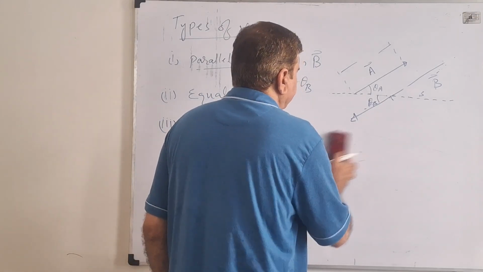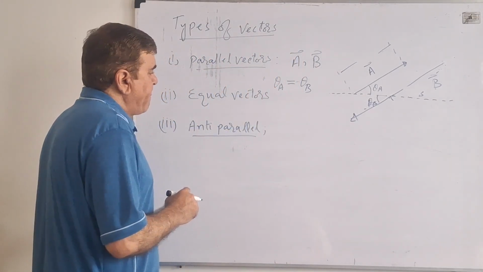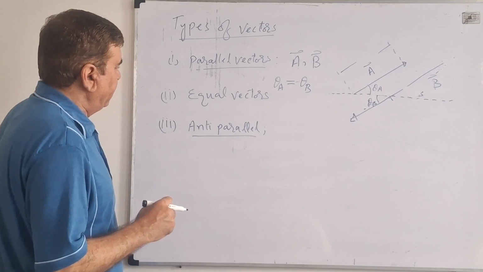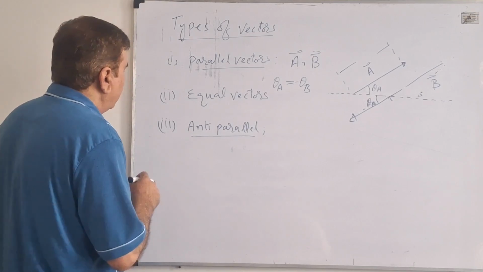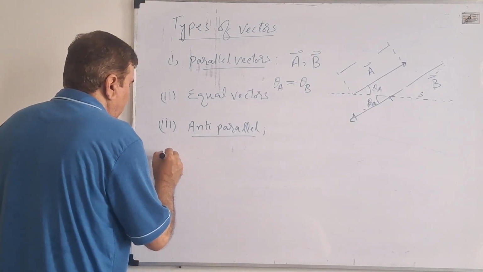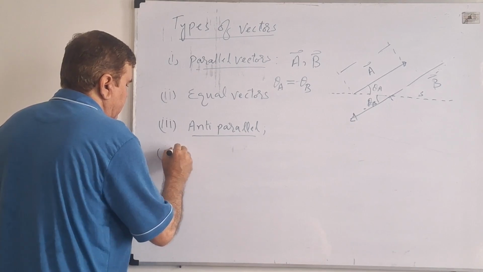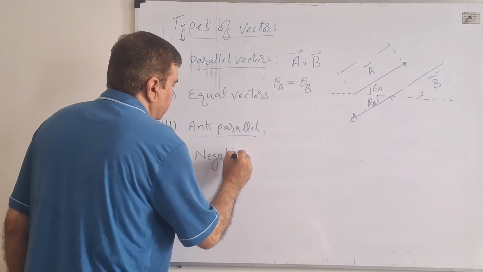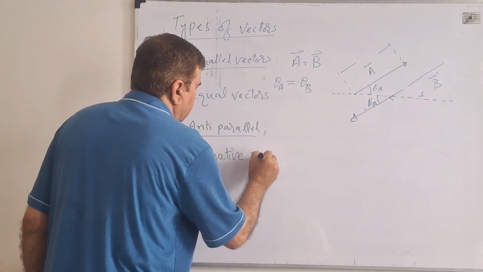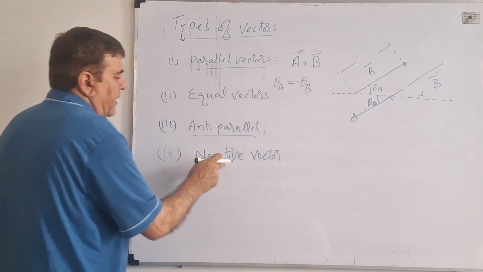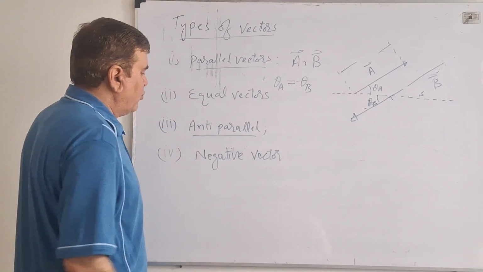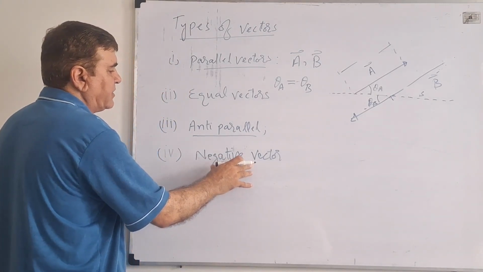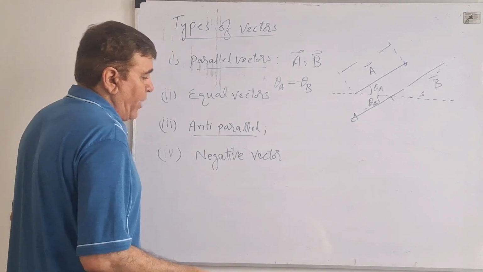And then there is another vector we call negative. Again, this is a relative term. We always define a negative vector with respect to another vector.